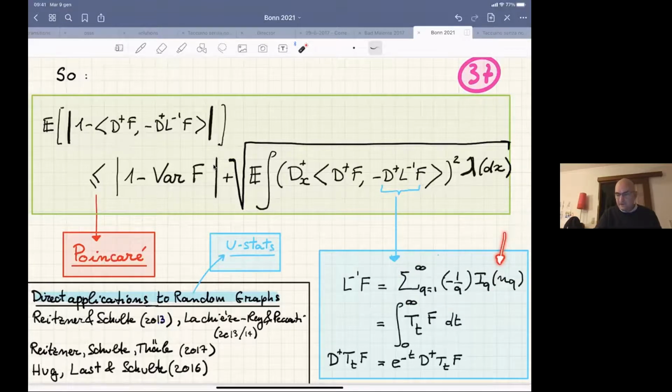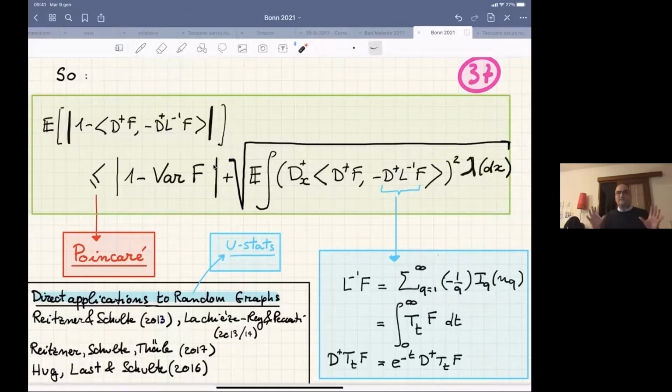Then this term becomes amenable to analysis. And in particular, several applications by many authors, Matthias Reitzner, Matthias Schulte, Lachièze-Rey, Christoph Thäle, Daniel Hug, Günter Last, have used this fact, the fact that for many geometric quantities, and thanks to the Last-Penrose formula I was quoting in the first part of my lectures, this object here is amenable to analysis because one has explicit access to the chaotic projection. But this is not always the case.